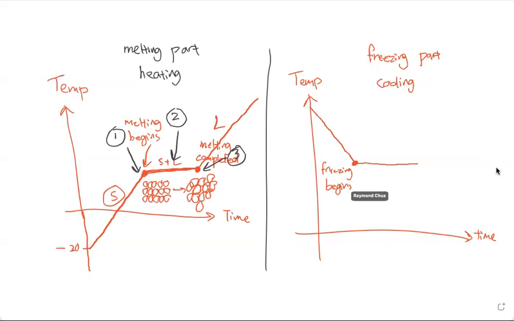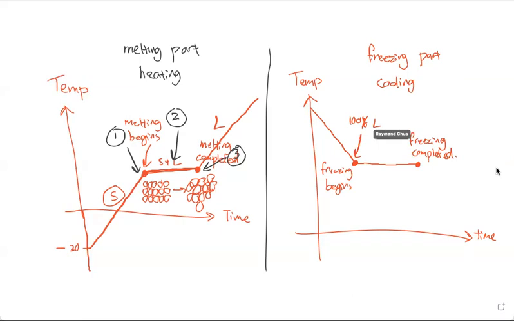That means the liquid starts to form solid already, starts to form its first solid. And then this point is where the freezing is completed. That means 100% of the liquid has turned into solid. This one is still 100% liquid.